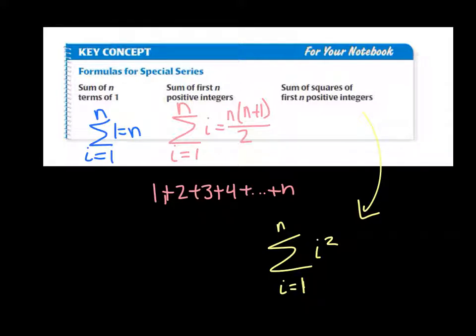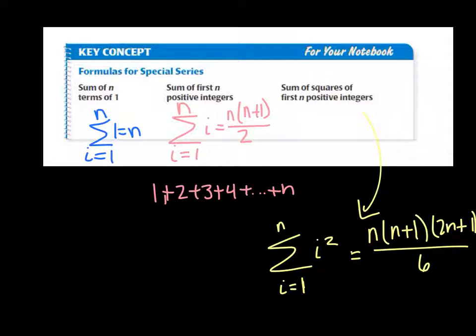So again, if it's a large series with a lot of terms in it, it's easier if you know this rule. And that's just going to be whatever term you're going to, n, times n plus 1, times 2n plus 1, over 6.